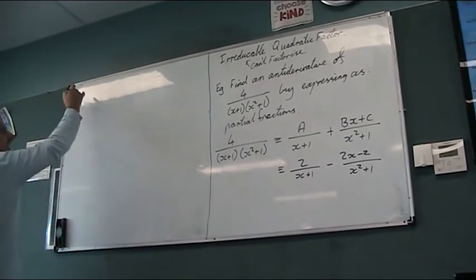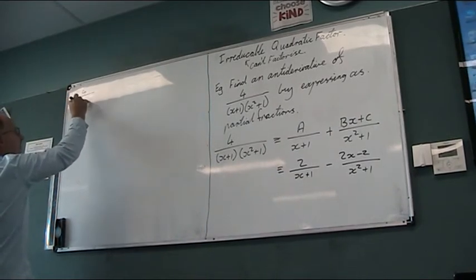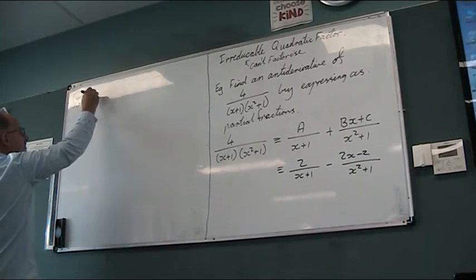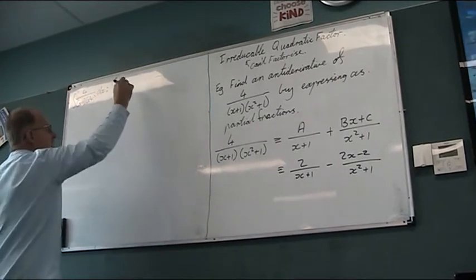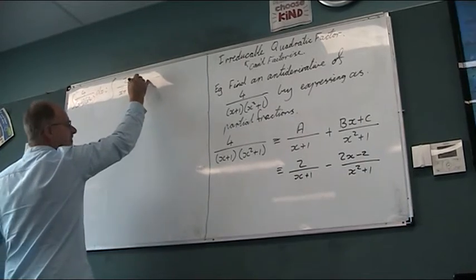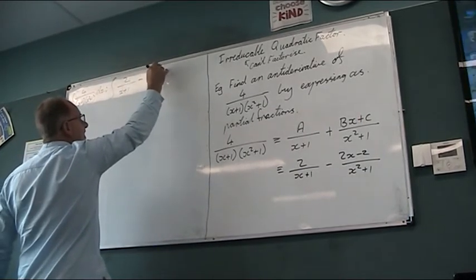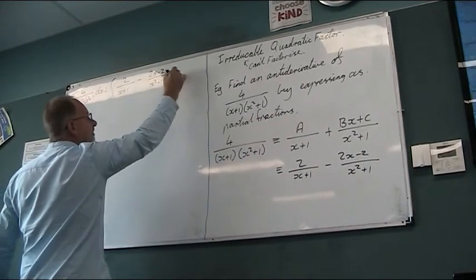An antiderivative of that is the same as 2 over x plus 1 minus 2x minus 2 over x squared plus 1.